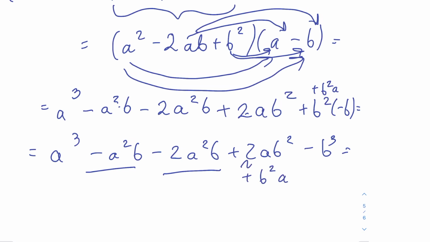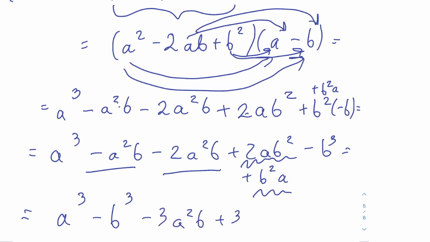So these two would be combined. So next we have a to the power of 3 minus b to the power of 3, and then we have minus 3a squared b plus 3ab squared. That's it.